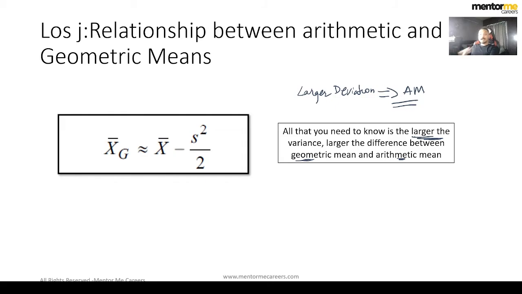And since the larger deviations are going to create outliers, the outliers are going to make the arithmetic mean differ, but the geometric mean will not get affected by the outliers because it's finally just a rate calculation. So that's the relationship you need to know: the larger the difference between arithmetic mean and geometric mean, majorly because of the outliers.